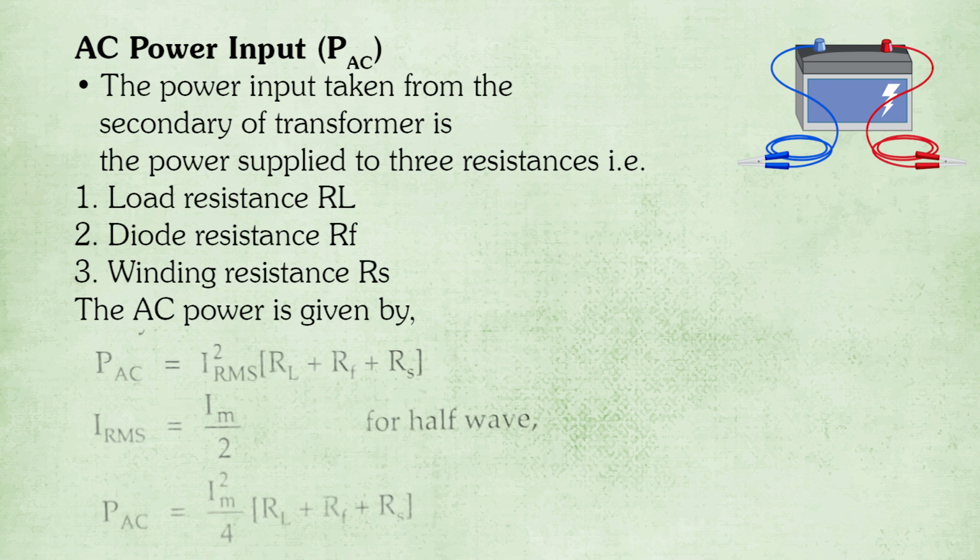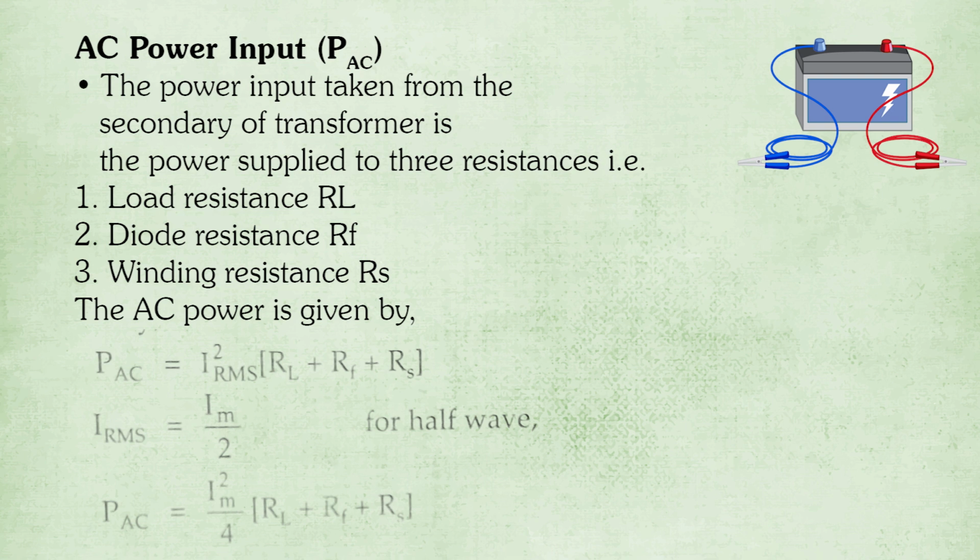Now, let us find out the value for the AC power input, which is PAC. The input is given in the rectifier circuit through a transformer. So, the AC power input will be the input given on the primary side of the transformer.